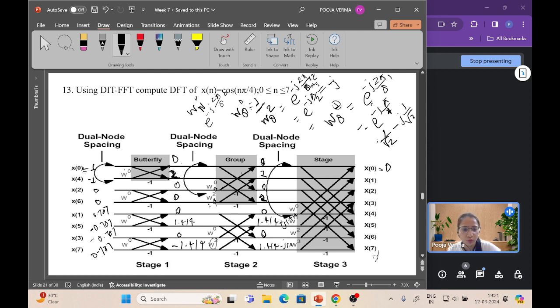That is 1.414 only. So 2 multiplied by this value and this value. This multiplied by this phase factor W81. What you will get? 1 by root 2 minus j 1 by root 2. Similarly 1 by root 2 minus j plus j 1 by root 2. What you will get? And add 2. So let's see, 1 by root 2 minus j 1 by root 2.